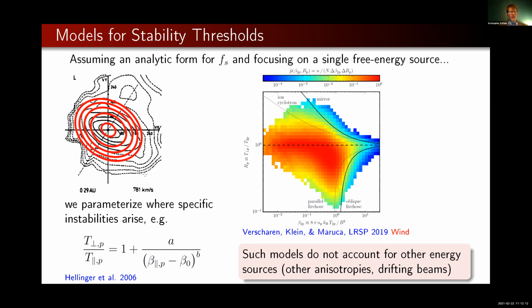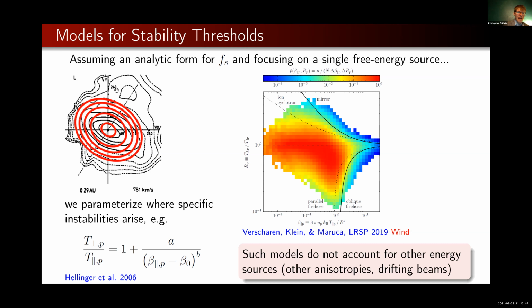And when you compare the actual observations of the solar wind, in this case, those same, you find that some of those thresholds do a fairly good job of actually bounding the distribution of these points. But these parametric models do not account for other sources of energy.